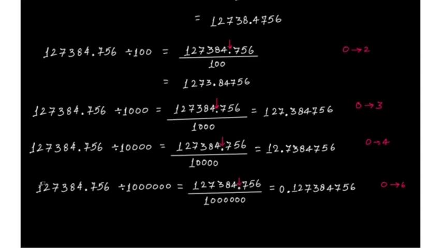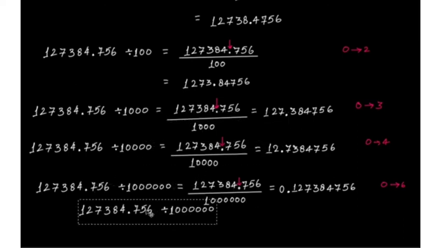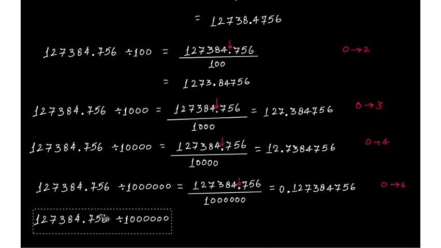Okay. Now, what if it was Control C, Control V, we have this number here. In this case, I'm putting 3 more zeros, 1, 2, and 3, right?